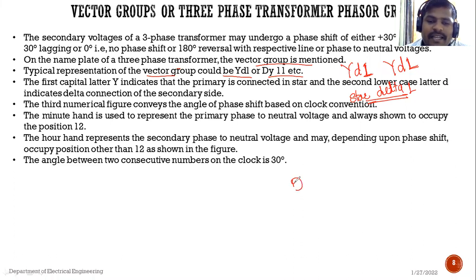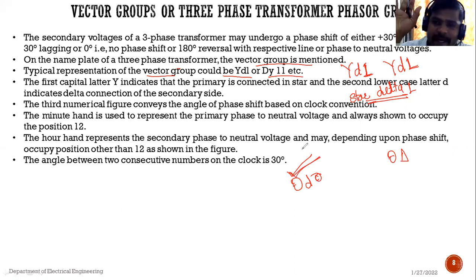If the representation is D0, what is the meaning of the first capital letter D? Instead of representing delta we are representing D, that means the primary winding of the transformer can be connected in delta. Okay, now what does the second letter d represent? ते स्मॉल आहे म्हणजे सेकंडरी साइड आहे, राइट? बरोबर ना?